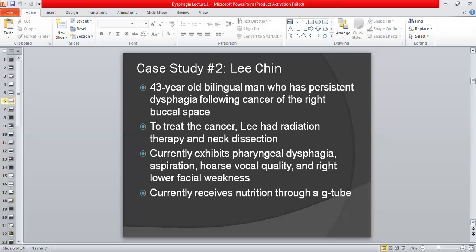So number one, it is the oral cavity where the food has to be manipulated, it has to be chewed, it has to be lubricated. But for this cancerous part, just imagine he will not be able to use his right side at all, number one. And just imagine the sort of pain that he feels. So eating is not a pleasant experience for him anymore.